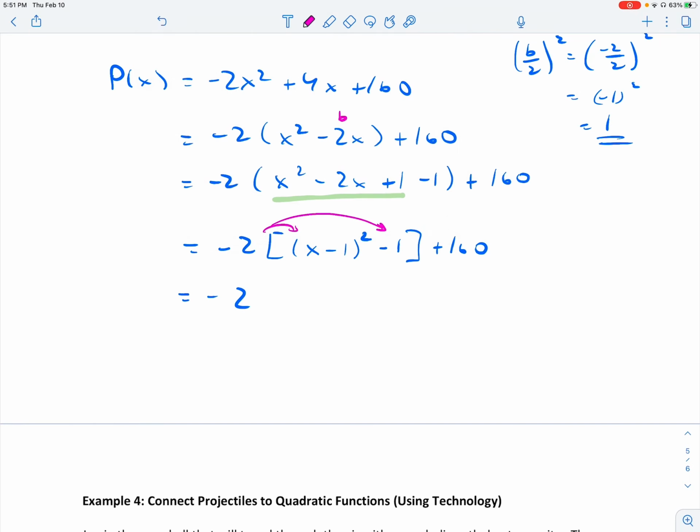Okay, we're going to distribute those in. I got plus 2 because negative 2 times negative 1 gives me positive 2. And my next line, we have x minus 1 squared plus 162. Therefore, the vertex is 1, comma 162.